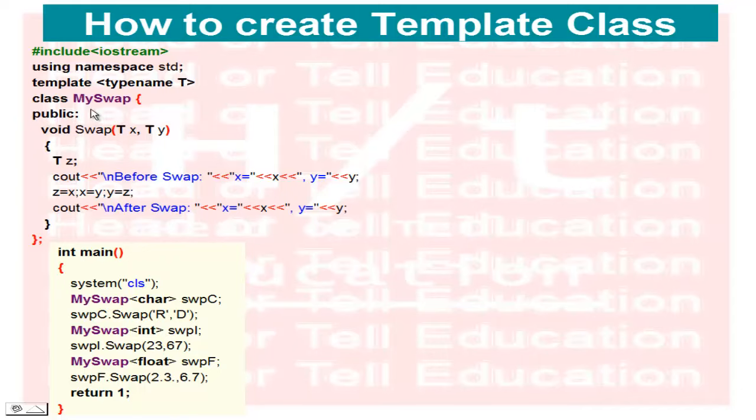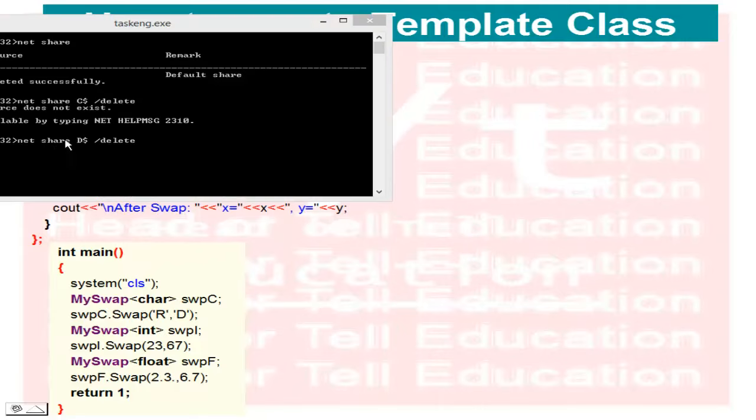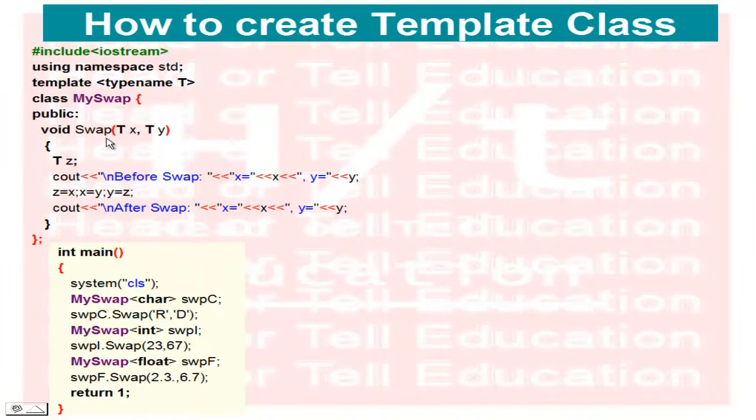Inside the public access specifier I have created one function whose name is swap, and the return type is void. Of type T I am passing variable x, and of type T I am passing variable y. Inside this I have created a type T variable, set.